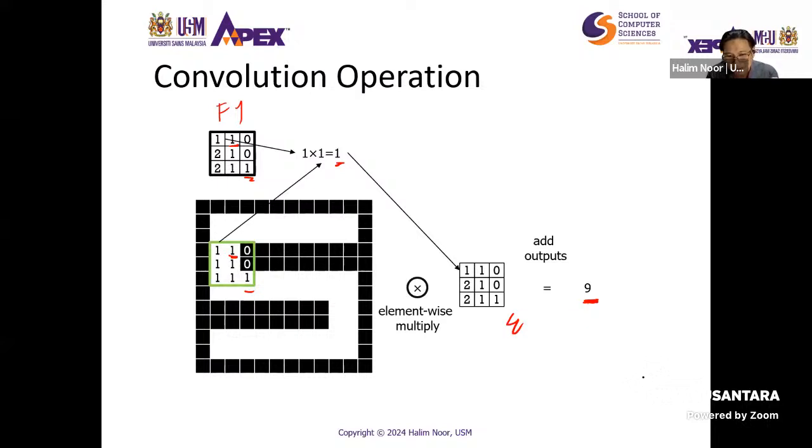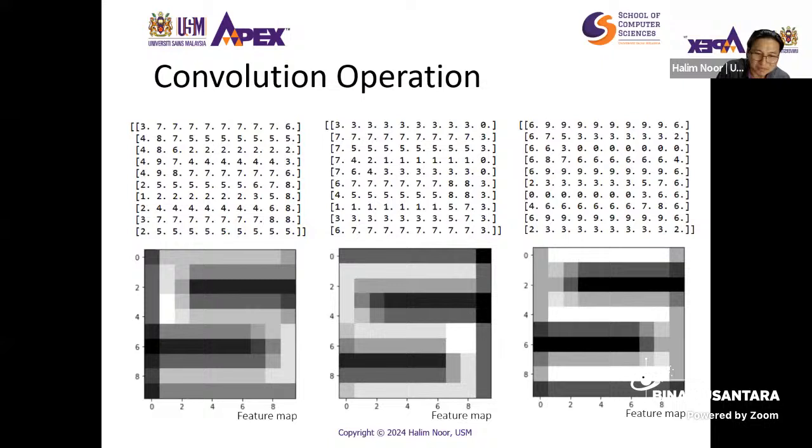Now let us apply this filter to the whole image. This is just one region, so let us see what happens if we apply the filter across the pixels. Here we have filter 1.